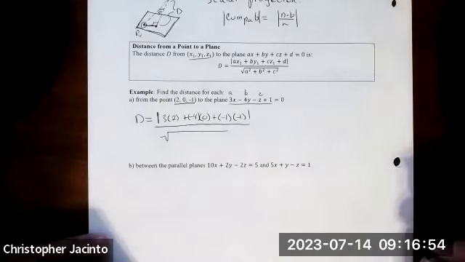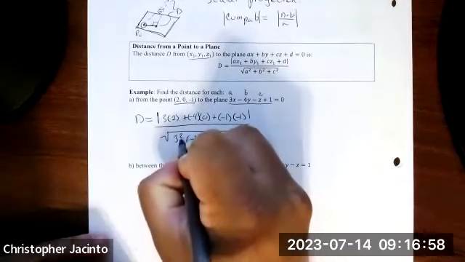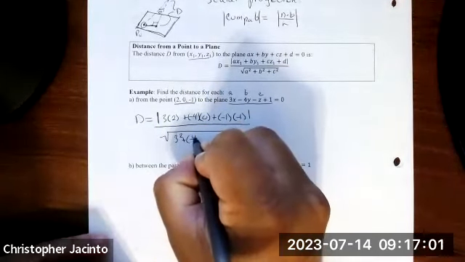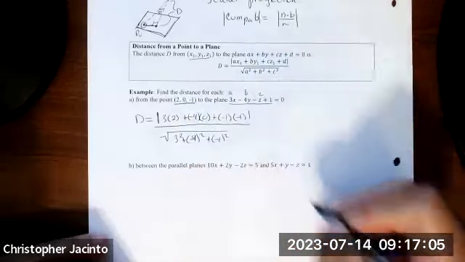The length of the normal vector. So 3 squared plus -4 squared plus -1 squared.